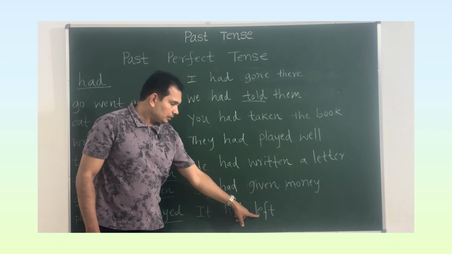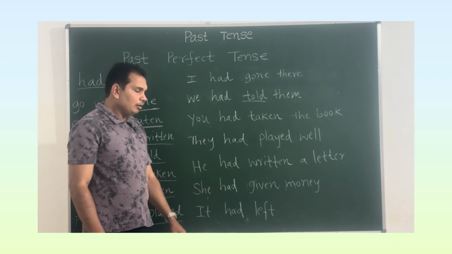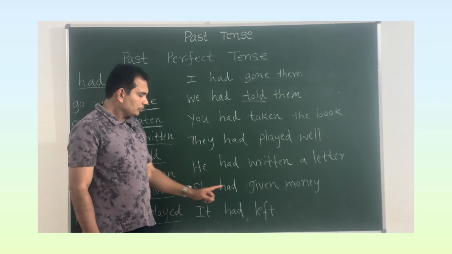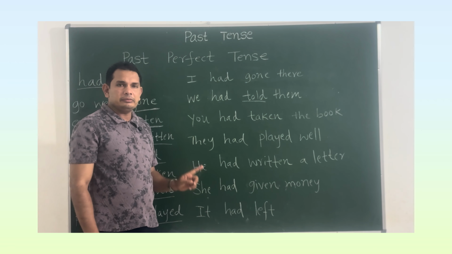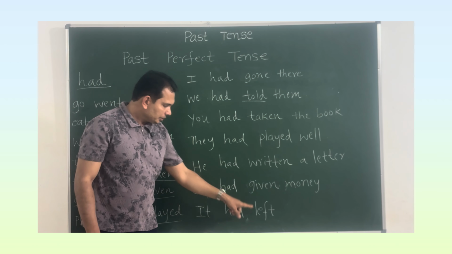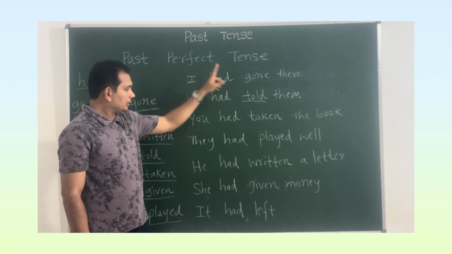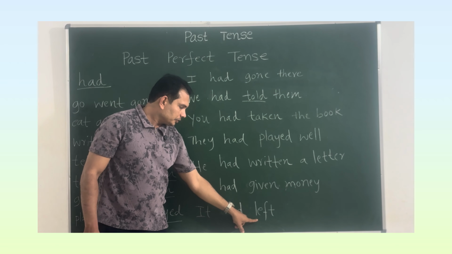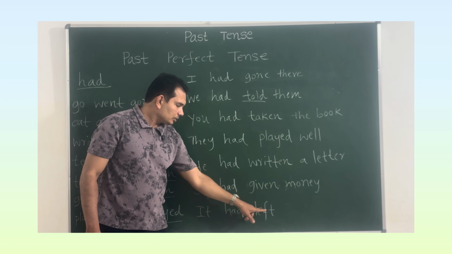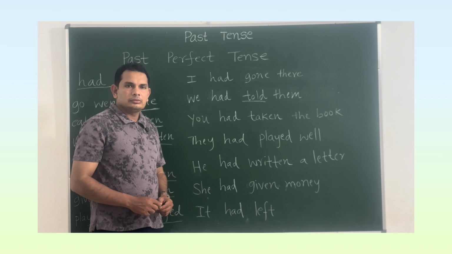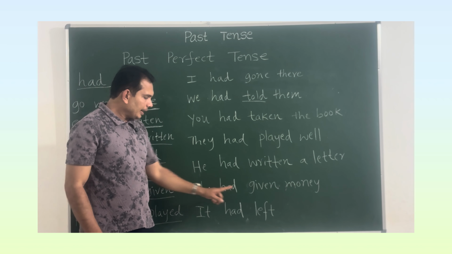Here left in the sentence is the past participle form of the verb leave. Leave, left, left. Here when we write sentences in the past perfect tense, we are required to use the third form of the verb.